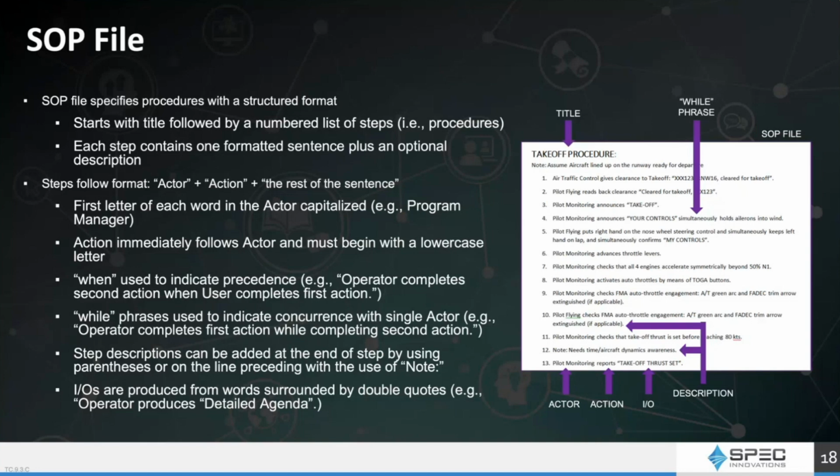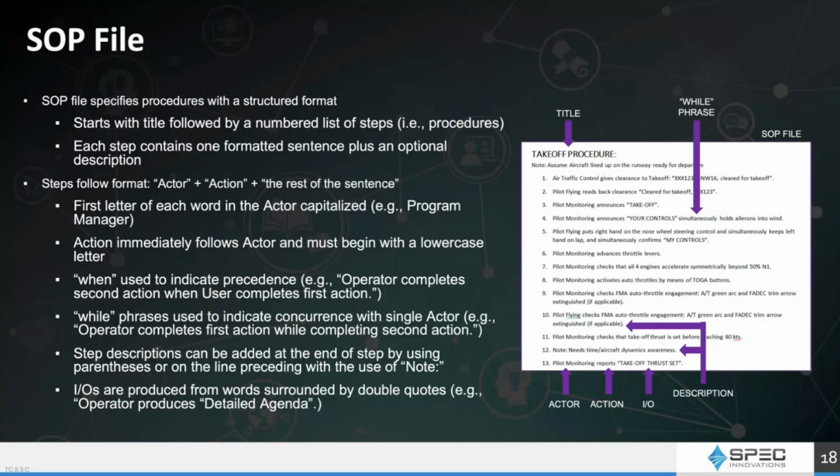So now I've got an easy way to break that up, and I can make an action or a procedure step using announces takeoff, and then associate it as performed by the pilot monitoring. So you can see how that would work, right? And that's how we go through the document and parse it to start building the product.